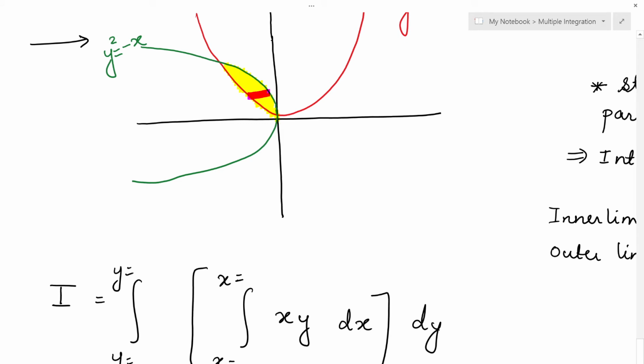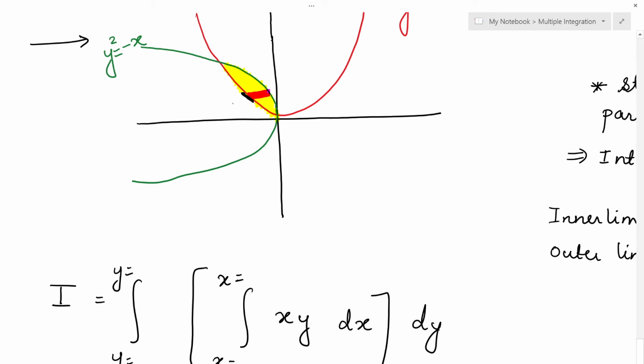Since the strip is parallel to the x-axis, the inner limit will be x is equal to a function of y. Now what will be your lower limit and what will be your upper limit is the question. You know it very well, the strip is parallel to the x-axis. So where the strip touches over here on this red part, here you have to find the value of x.